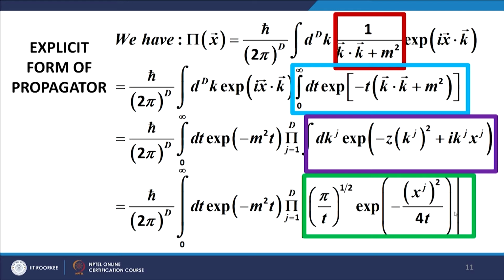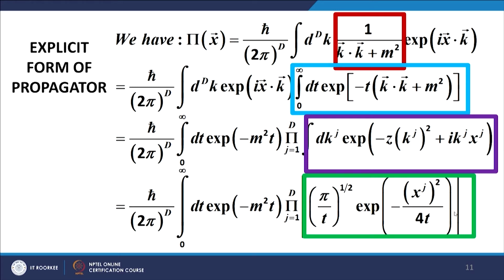We take the dt integral separately, and the remaining integral now becomes clearly a Gaussian integral, which is easily performed. The expression in this purple box is the Gaussian integral, and it can be easily performed to obtain the expression in the green box.